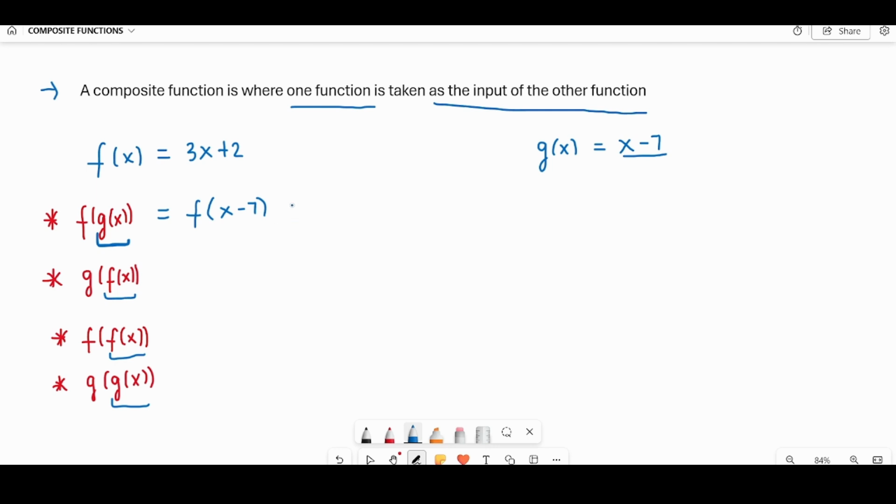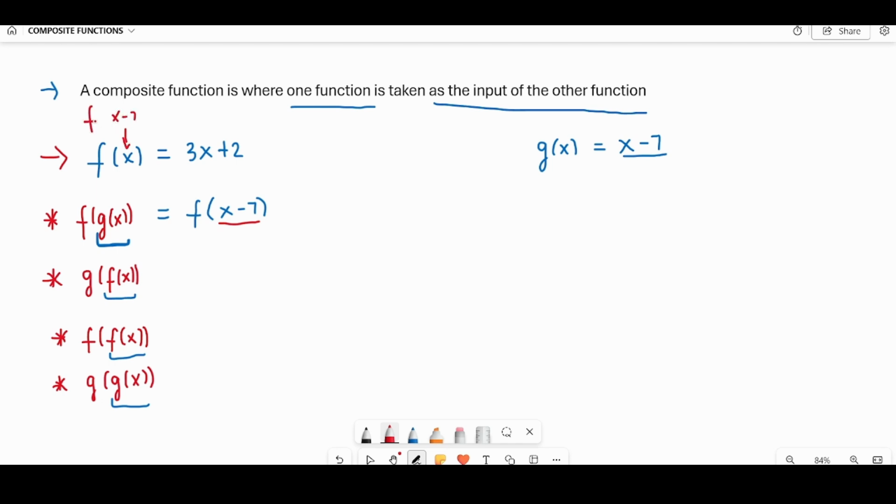So now we have f of x minus 7. So how to find its value? To do that, all you need to do is go back to the original function f of x, where your input is x. But you can see for f of x minus 7, your input is x minus 7. So all you need to do here is replace x with x minus 7 everywhere.